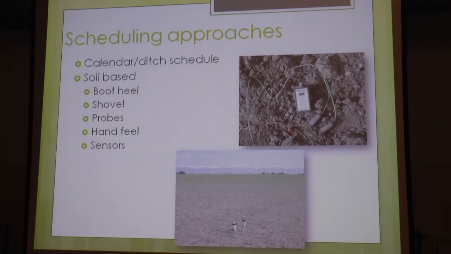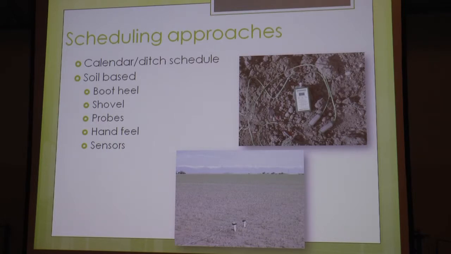There are a lot of approaches to doing this, from the simple to the complex, and today I'm going to show a little bit of both. Obviously, if you're on a rotational ditch, the calendar may dictate your schedule. We have a little bit of that trouble at our research farm.